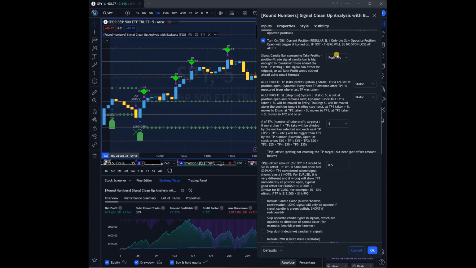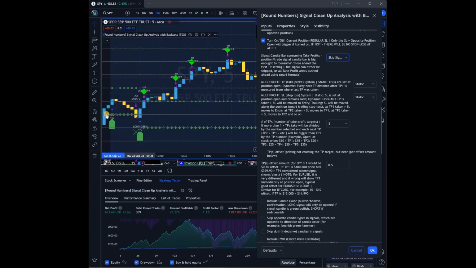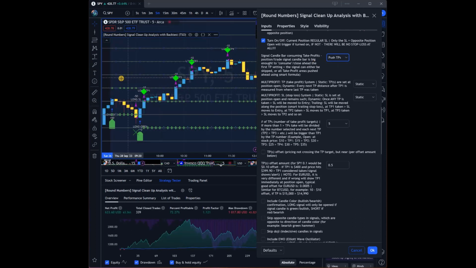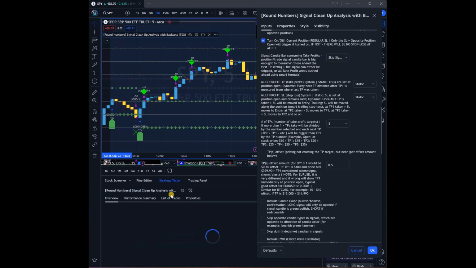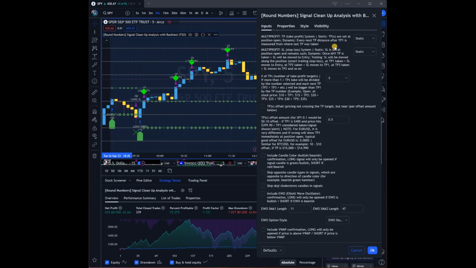What if it suddenly reverses? So you can skip the signal, or you can push TPs, which means push take profits. It's going to push the take profits away, so that they have at least a better risk reward ratio. Just test it out with backtesting. It works either way.